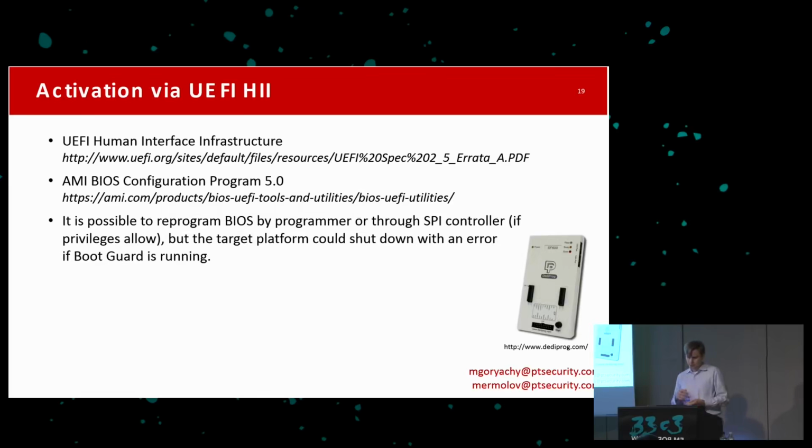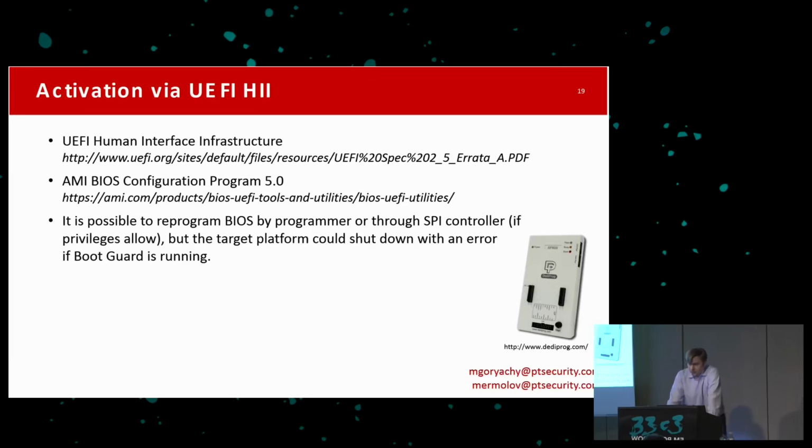If we look at how the modern UEFI BIOS is designed, we can find a lot of hidden options that are not available to the user, but processed by BIOS. This is, in fact, the basis of our first technique.